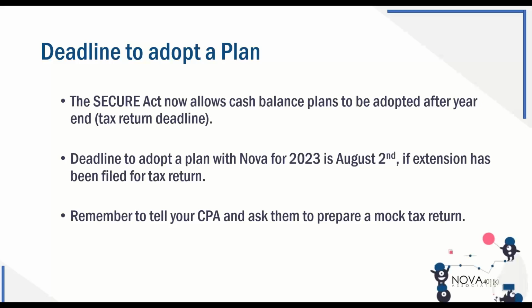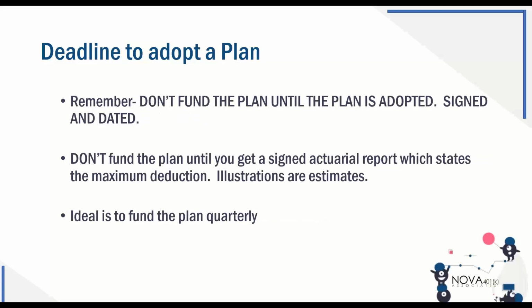We can still get something done, but it needs to happen very soon for 23. Remember, don't fund the plan until it's adopted, until you get an actual deduction calculation.